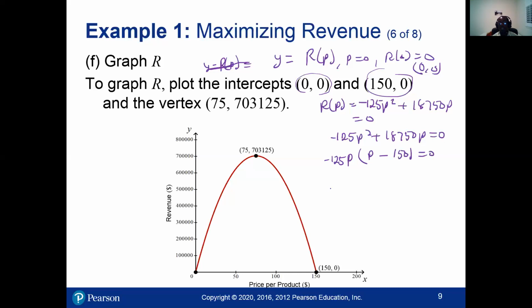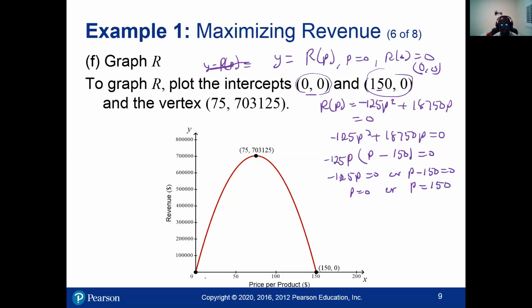That's set to 0. So either minus 125 p equals 0, or p minus 150 equals 0. So p is equal to 0 or p is equal to 150. All right, so that's why we have the x-intercepts, one at the origin.